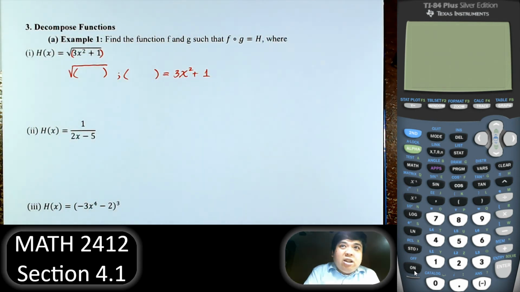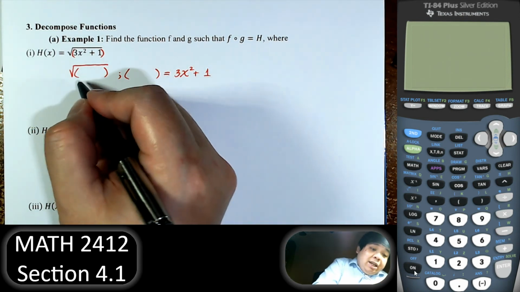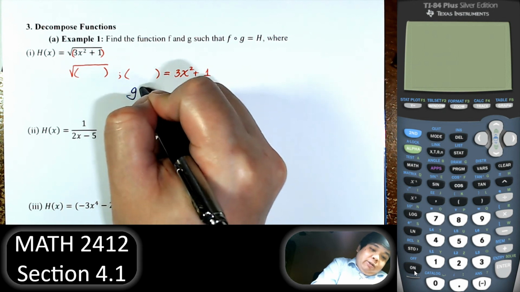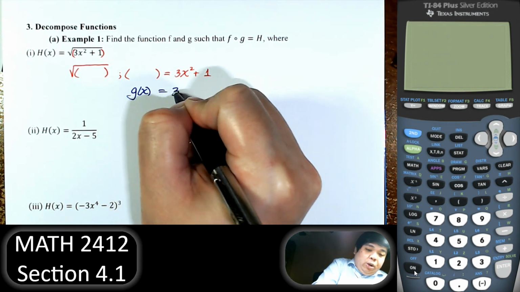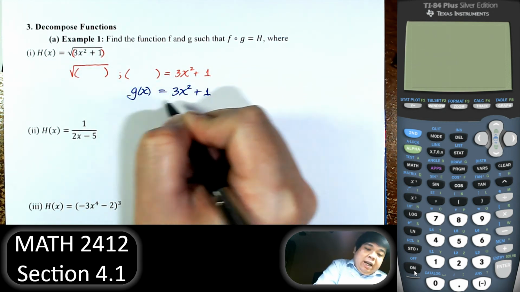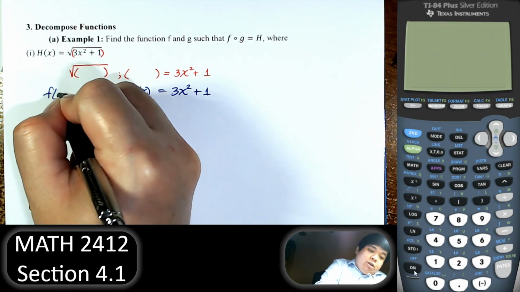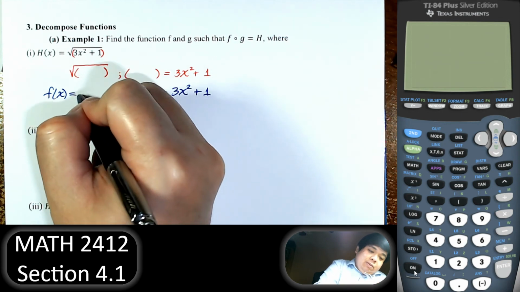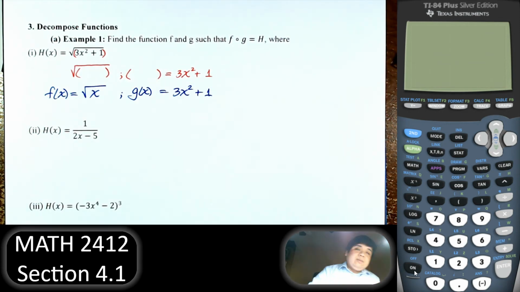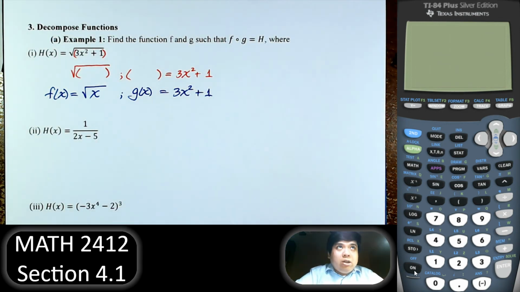So this is how we decompose one function into two. The second function is 3x squared plus 1, and the first function is the square root of something.